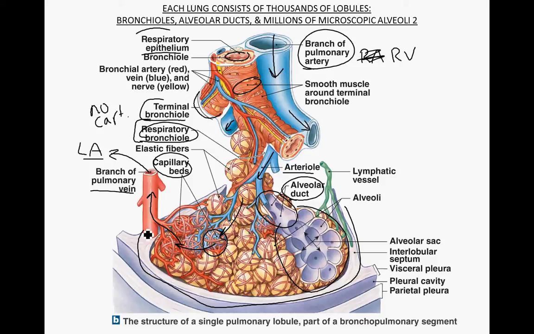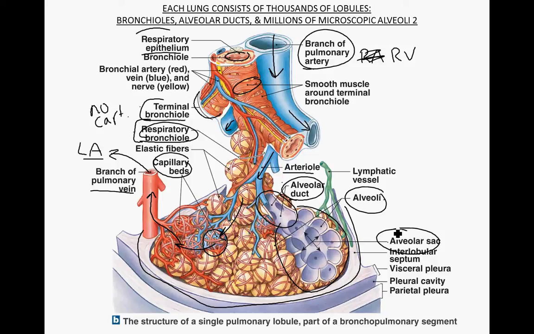Right? So now it might be a good idea here just to pause and get the flow of the air: from terminal bronchiole, respiratory bronchiole, alveolar duct, and then into the alveoli themselves, into this alveolar sac and then into the alveoli. So this is kind of the flow of things.